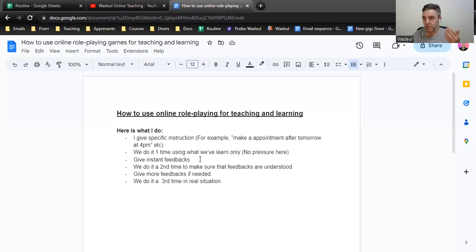Or you can begin the second time the same as the first, with no pressure, but the second time you just make sure they understood the mistakes they made in the first role play. Very important. As simple as that. So you go for a second round, and you just make sure that they understood everything.